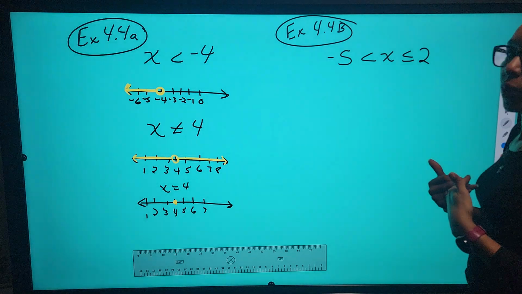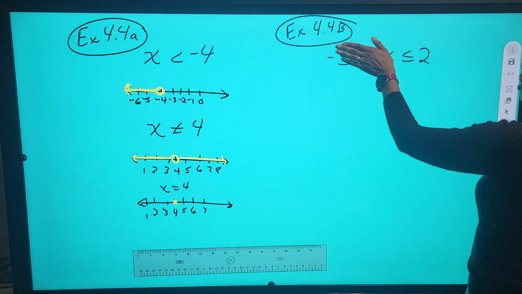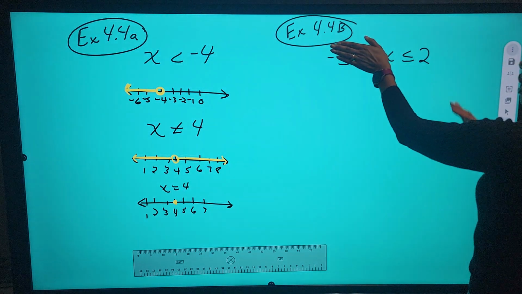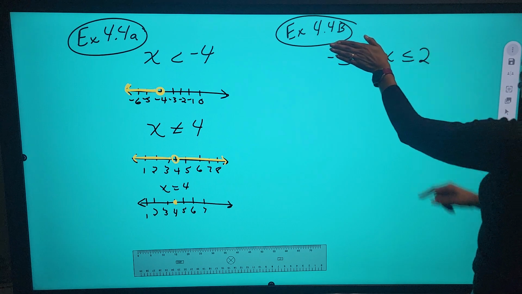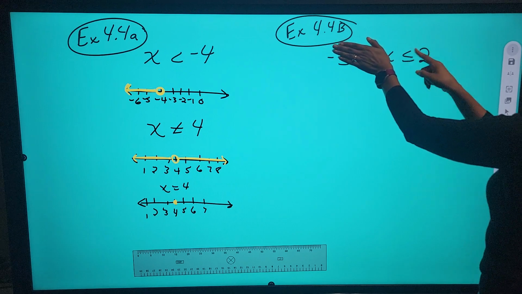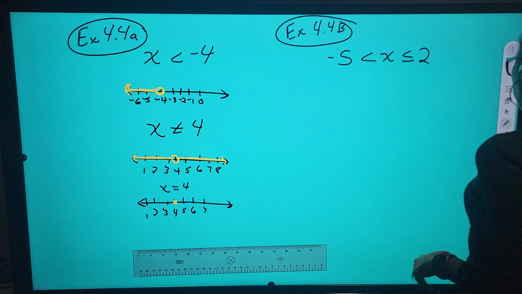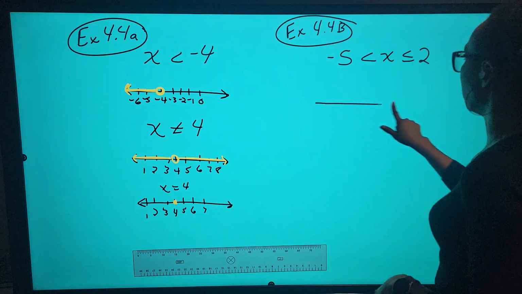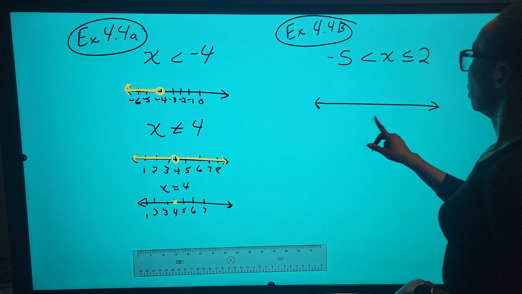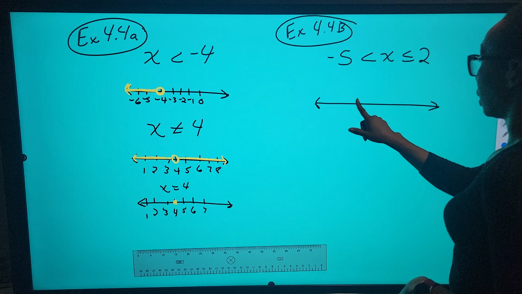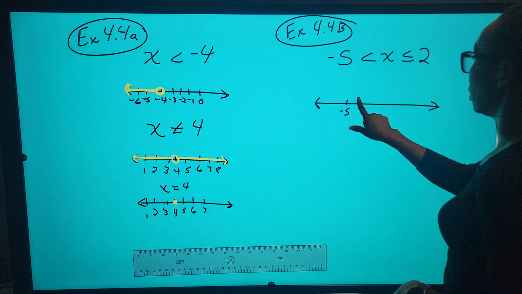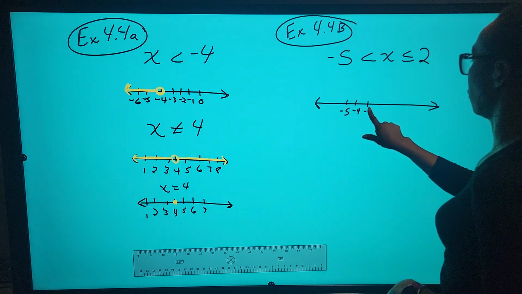So for me, the easiest way to work this is to first just ignore the front portion and just focus on this part first. Well, it says that x is less than or equal to 2. So I will go to my number line. I know I'm going to need -5 and I'm going to need +2. So I'll go ahead and put those in.